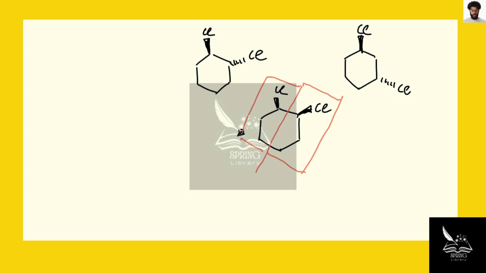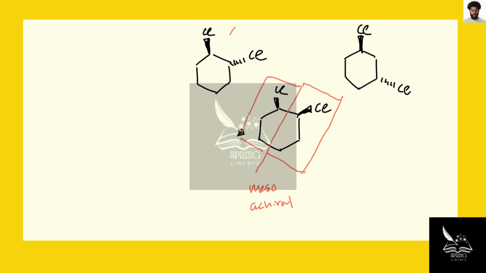So this is a type of molecule that's known as meso as well, right? You have 2 or more stereocenters, but the molecule contains an internal plane of symmetry. It is meso and achiral.